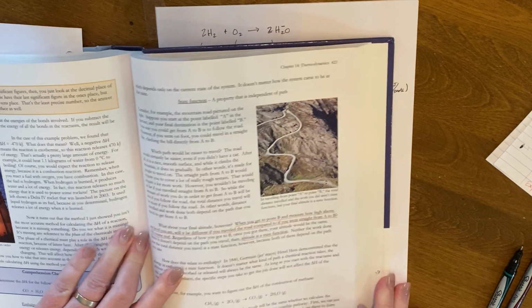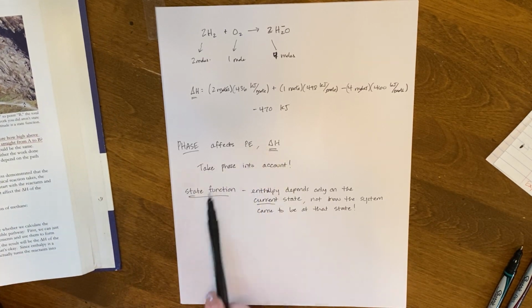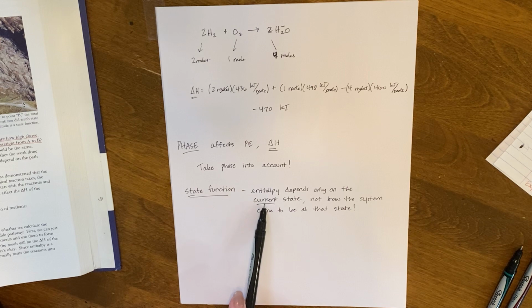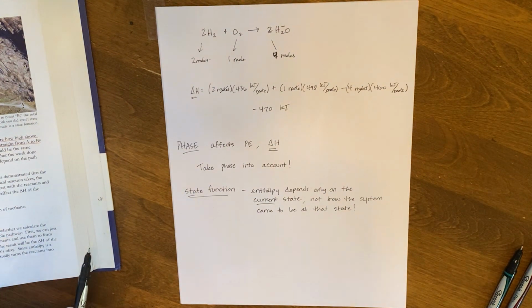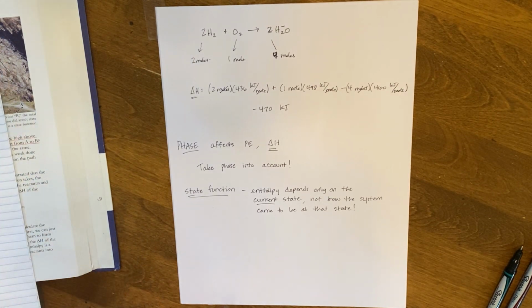In the same way, our delta H and enthalpy is a state function. It doesn't matter how we get to where we get, but we can measure enthalpy at the current state. Okay, so I just wanted to go through that example and explain that picture. So what does all this mean when it comes to chemistry?